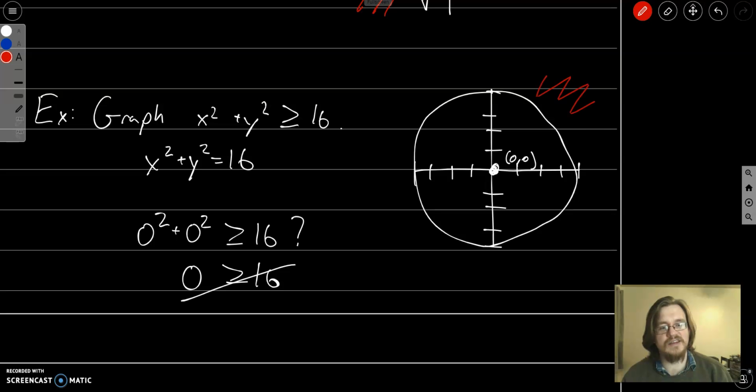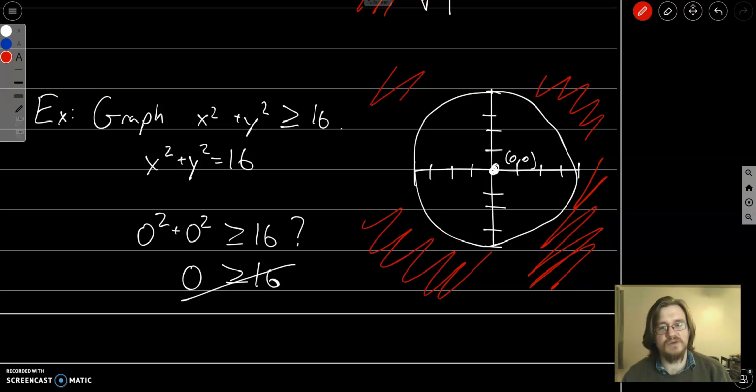We are going to shade the outside. So even when we have a nonlinear equation, when what we're graphing is not just a line, we still do the same thing. You pick a point on one side of the graph or the other, and you test it. If it works, that's where you shade. If not, you shade the other side.